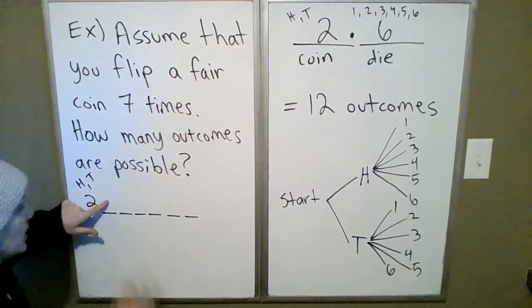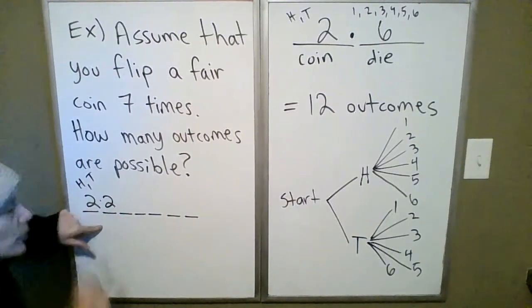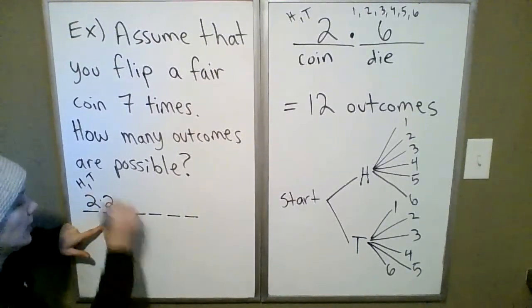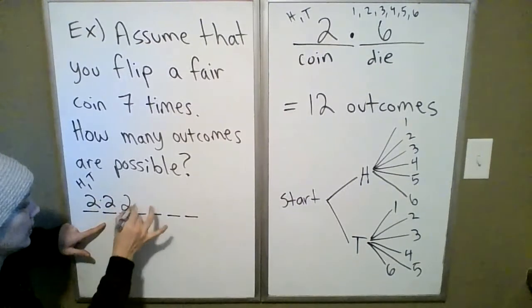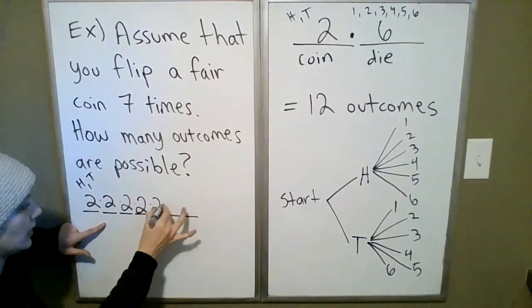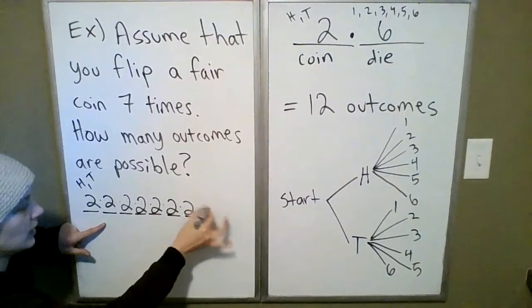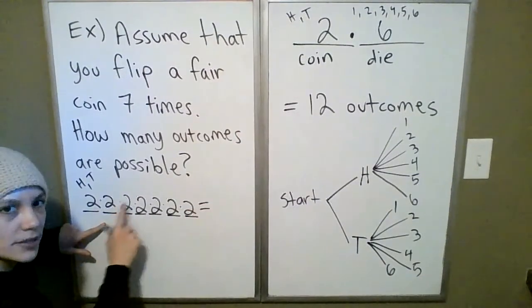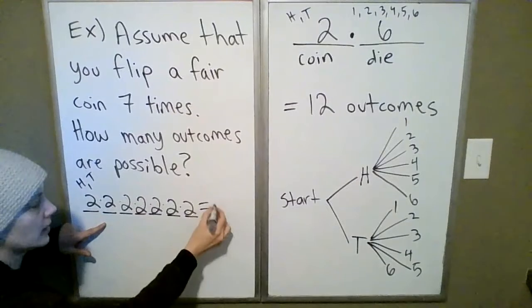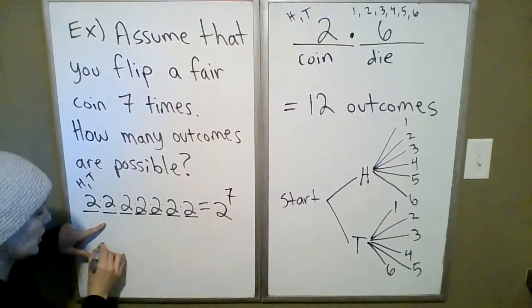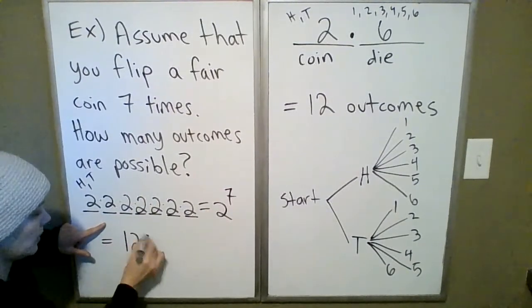So it's another 2 choices. You're multiplying these together. Same for this one, and this one, this one, this one, this one. All choices of heads or tails each time. And what you have is 2 to the 7th, which I'm afraid to share was 128.